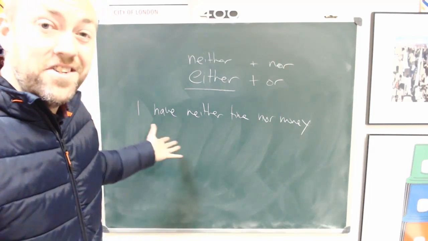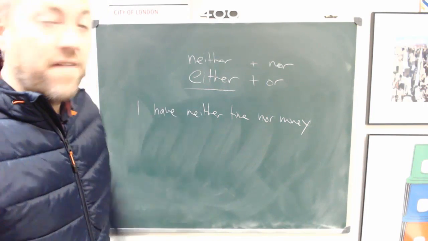So you can see this is the negative form of either. So the meaning is the same, but one is positive and one is negative. So we have to use the positive ones in the negative sentence and the negative ones in the positive sentence. Like in English.